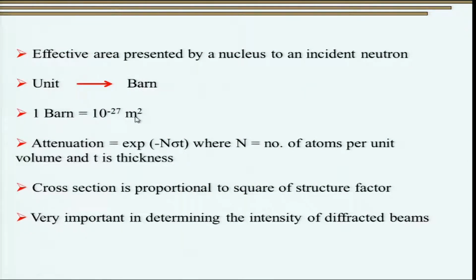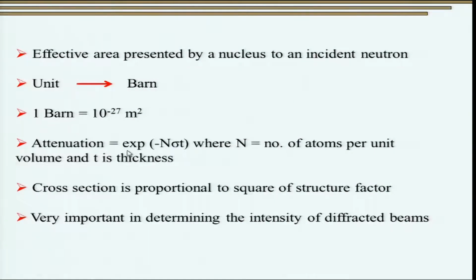Having said that, another important point that needs to be noted is that once the neutrons are travelling and they interact with matter, they are going to get attenuated. That means their intensity is going to change, and therefore, the attenuation is given as exponential of minus n sigma t, where n is the number of atoms per unit volume and t is the thickness.